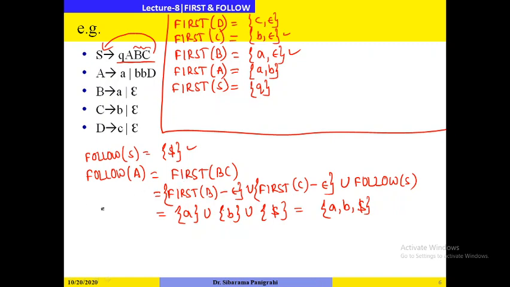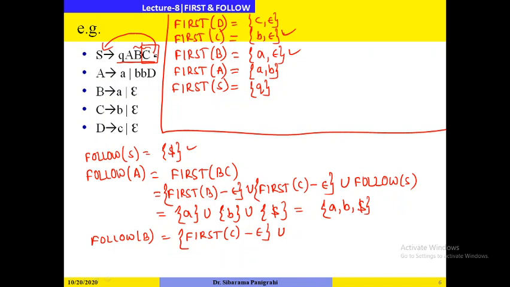Now let me compute the follow of B. Follow of B means what you will do? You have to look at the production whose right hand side contains B. So here you see, this is the production. So follow of B means first of rest, that is first of C, and you have to check whether first of C contains epsilon or not. You see first of C contains epsilon. So what you will do? You will do first of C minus epsilon union.